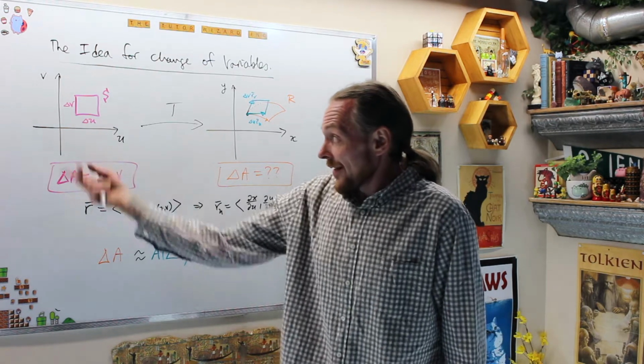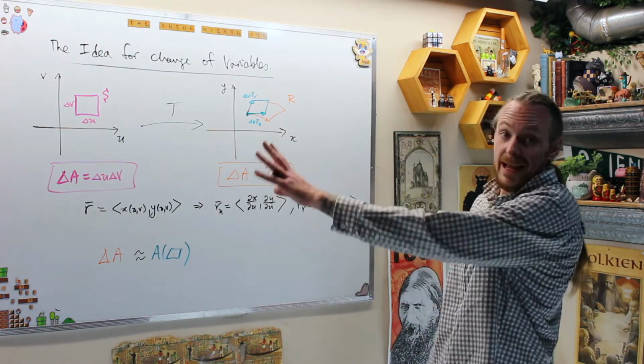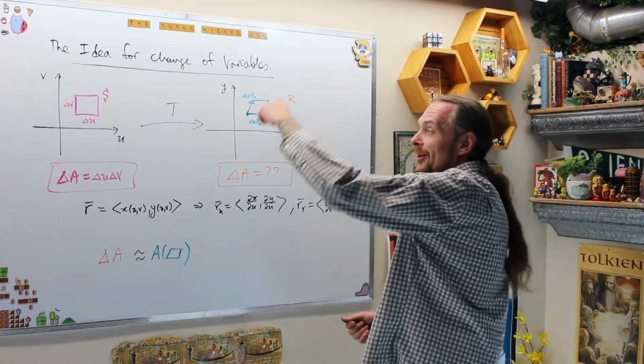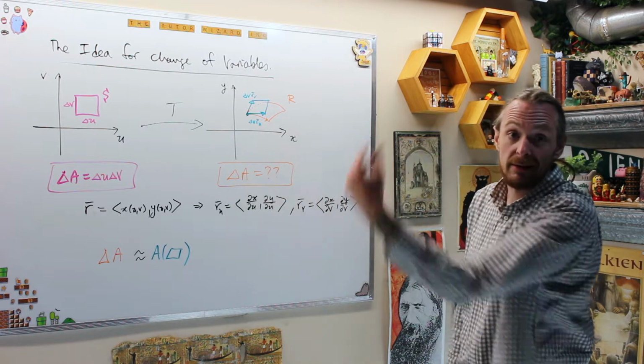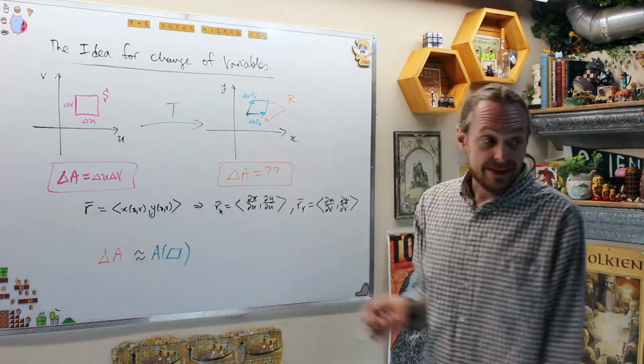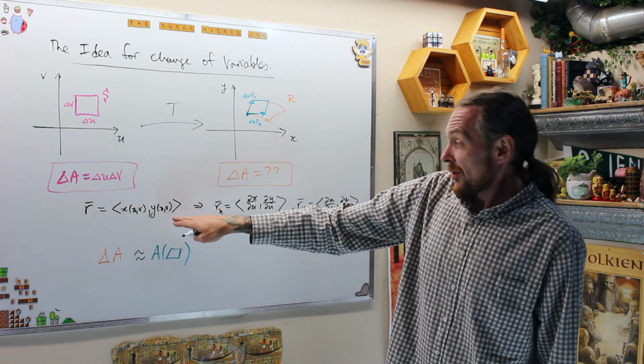In the original, or pre-image, space, the area is delta A equals delta U delta V. But now when we go over here, what's the area of the orange region R? We're going to set this up as vector calculus, and we're going to have this function r of (u, x, y).